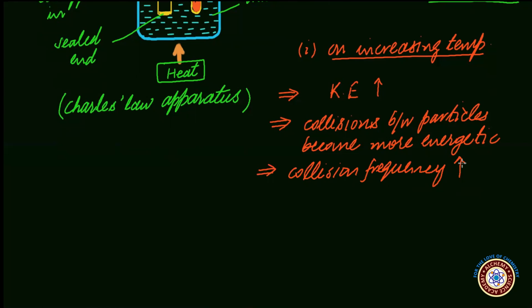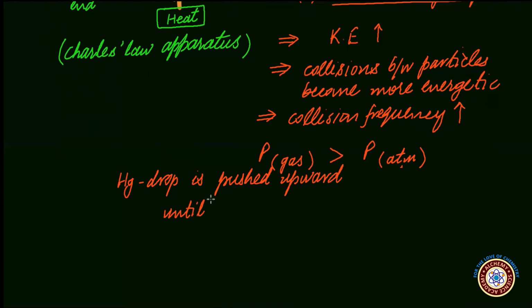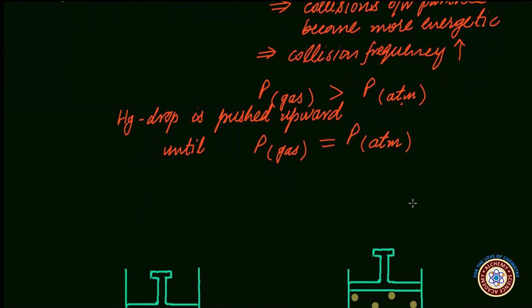As a result, the pressure of entrapped air, meaning the pressure of gas, becomes higher than the external or atmospheric pressure. Due to this, the mercury drop, which acts as a sort of piston, is pushed upward until the pressure of gas becomes exactly equal to the pressure applied over the gas, that is atmospheric pressure. As a result, the volume of gas increases.